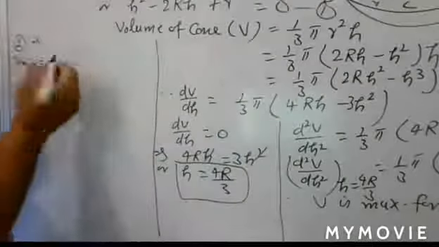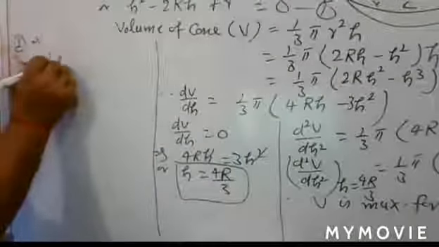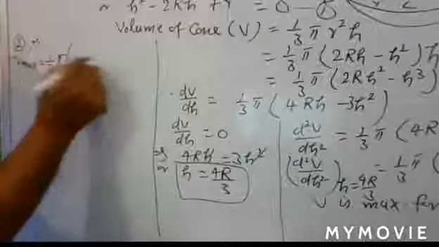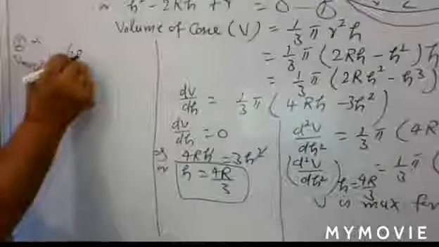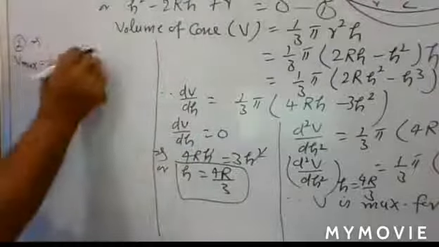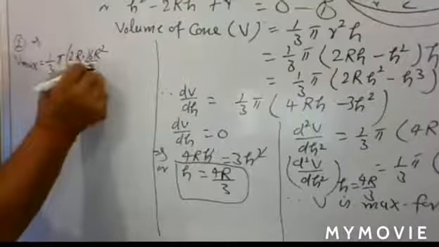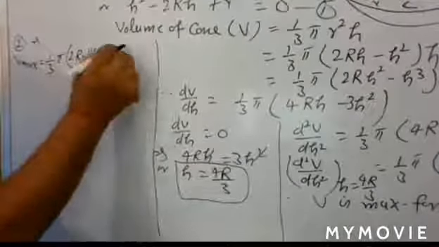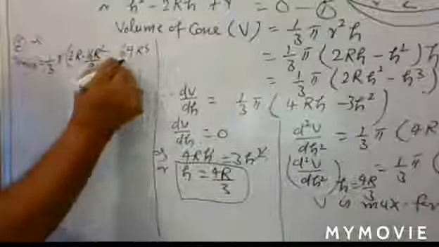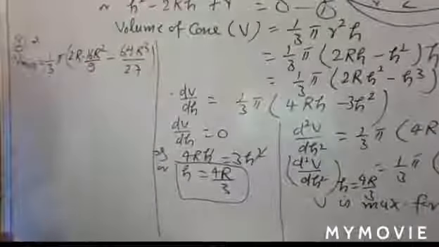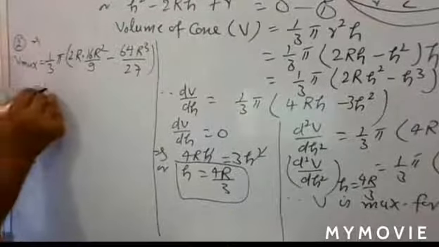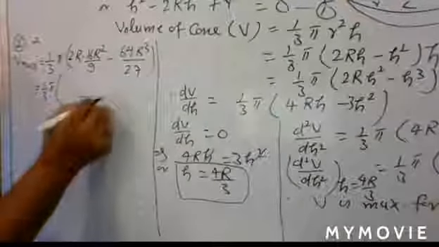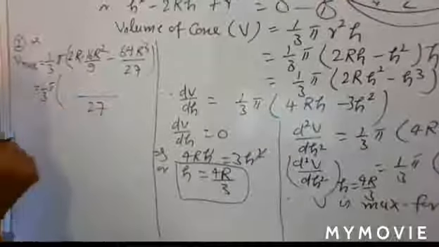Okay, so now I am solving this. 1 upon 3 pi, and here you have 2R into h square. So write 16R square upon 9 minus h cube, so you have 64R cube upon 27. Now taking the LCM, 1 upon 3 pi, here your LCM is 27.